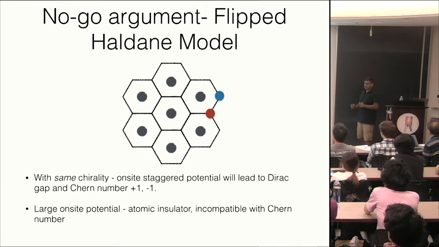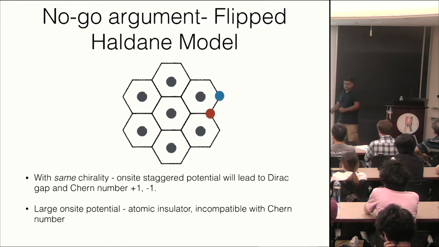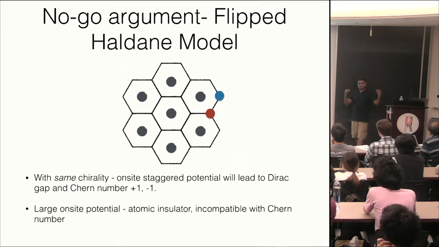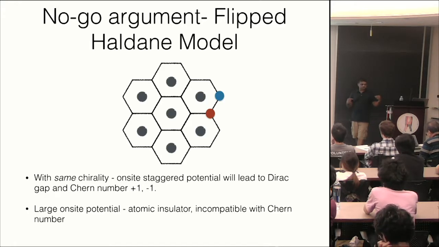The staggered potential will translate into a mass term for the Dirac fermions, and the mass term will be the same sign for the two Dirac fermions. It's independent of momentum, just some staggered potential inside the unit cell. So you get the same mass term for the two Dirac fermions, but because they're the same chirality, this will end up giving you a Chern number.